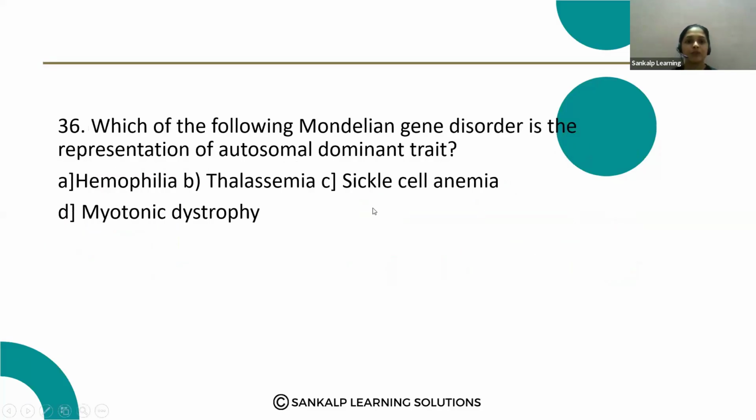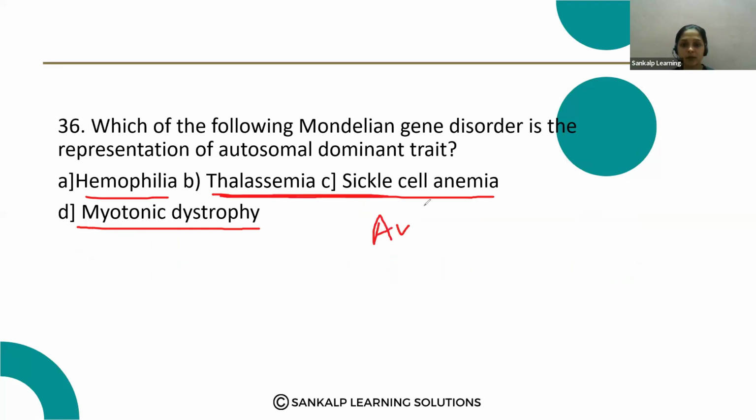Next question. Which of the following Mendelian gene disorders is a representation of the autosomal dominant trait? Here, autosomal dominant trait, that is myotonic dystrophy. Then hemophilia, thalassemia, sickle cell anemia. Here, sickle cell anemia and thalassemia are autosomal recessive traits.